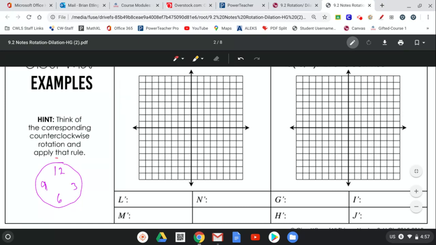We're going this direction and we're going 90 degrees. So I think 90 degrees ends up at the 9, okay? So that's 90 degrees counterclockwise. So I'm going to put 90 degrees.